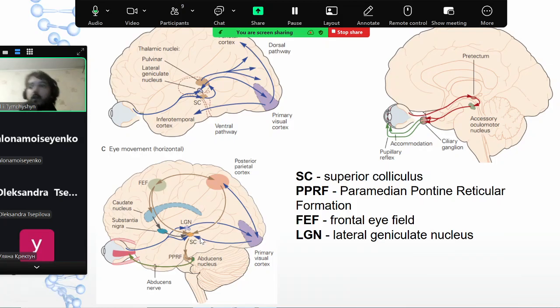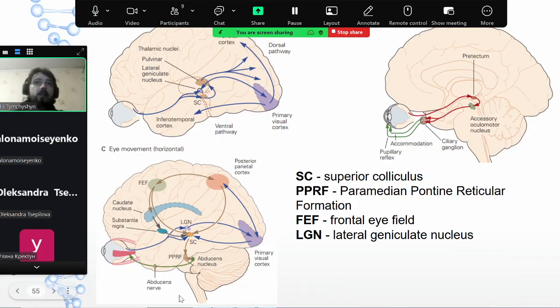There are four of these colliculi, two superior and two inferior, but I don't think we need to get into all the details. The interesting part is that some information gets into the SC, is processed, and may go through the abducens nucleus and the abducens nerve to the eye and make you move your eye.